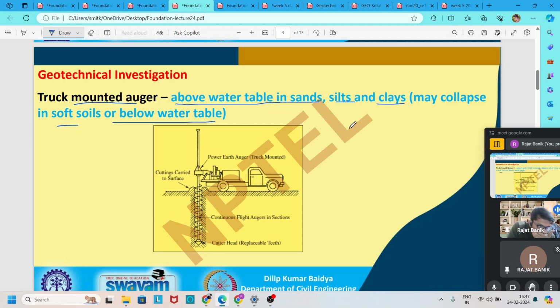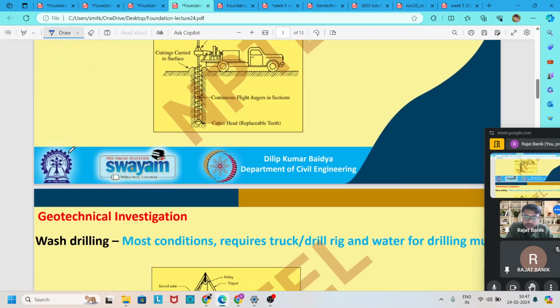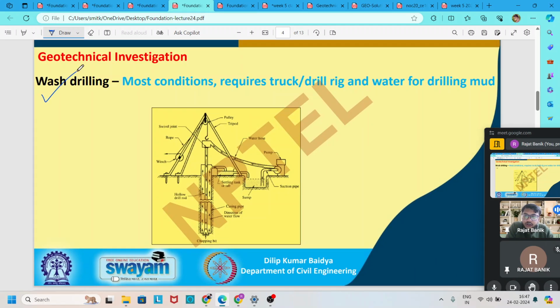So there may be risk in using this type of auger below the water table or in soft soil. Then wash drilling. Most conditions require a track or drill rig and water for drilling mud. And this is used for most types of conditions.